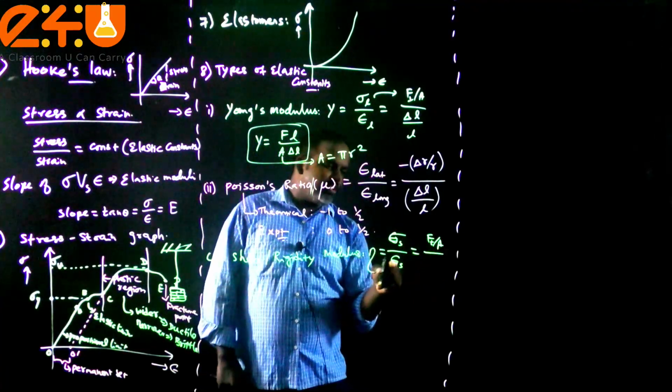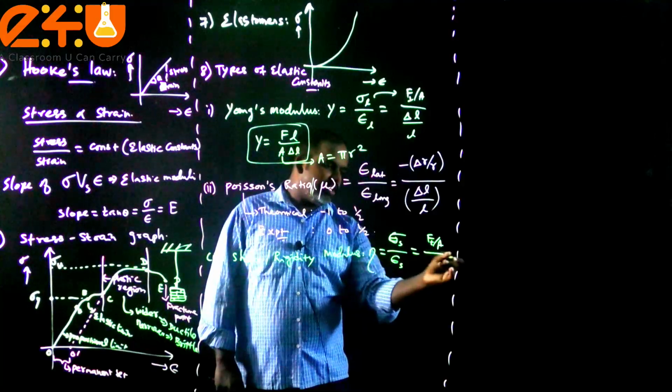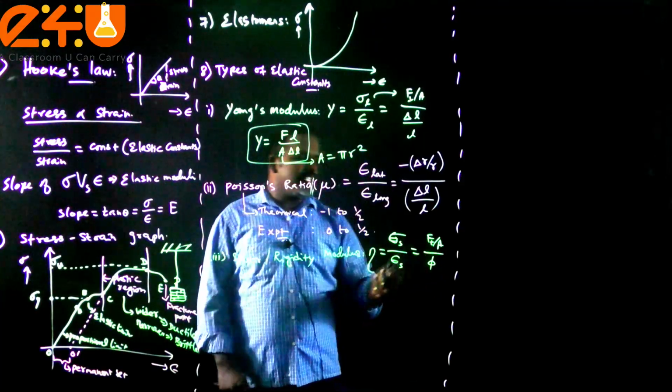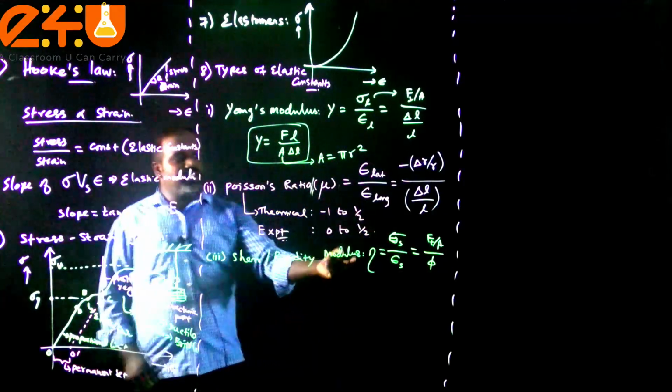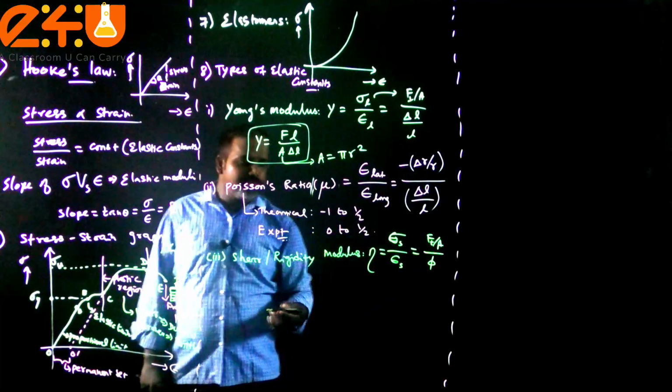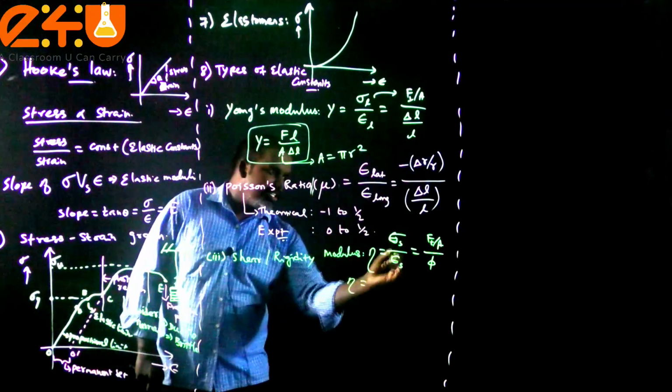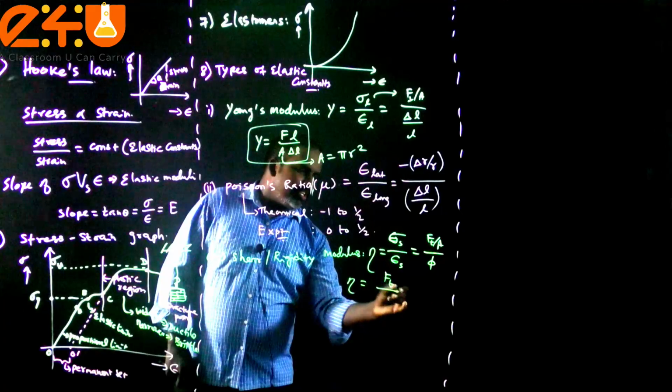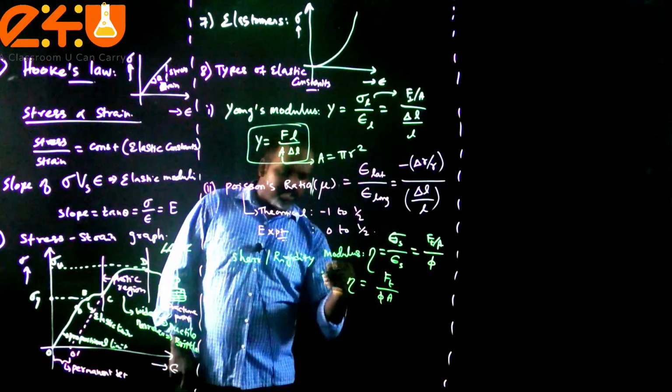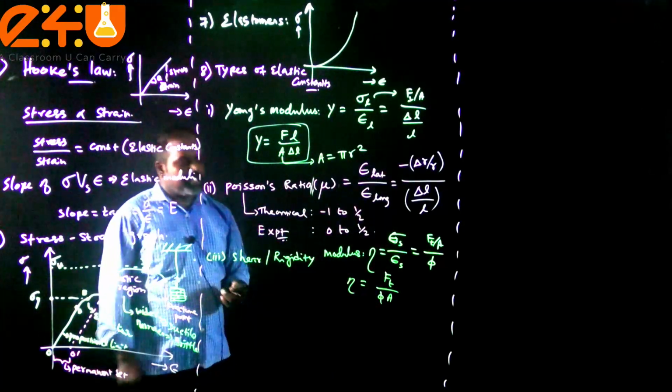The strain is the shear angle phi, or you can use delta L by L, no problem. So eta is equal to F tangential divided by phi A. This is the rigidity modulus.